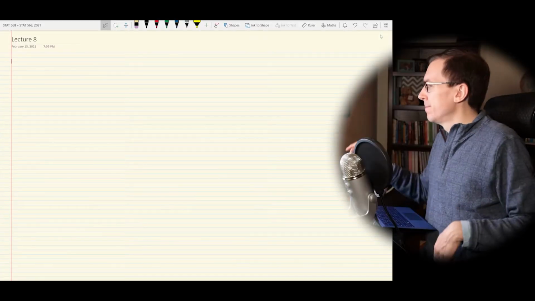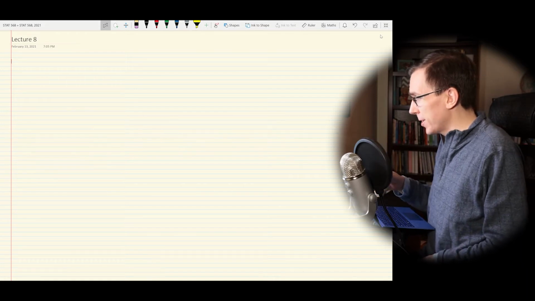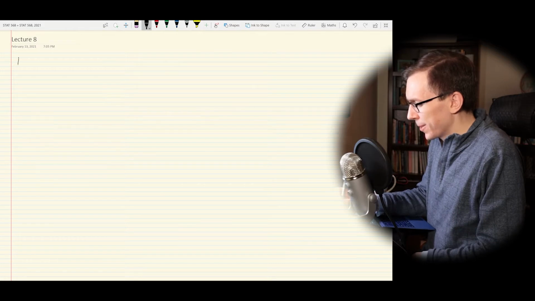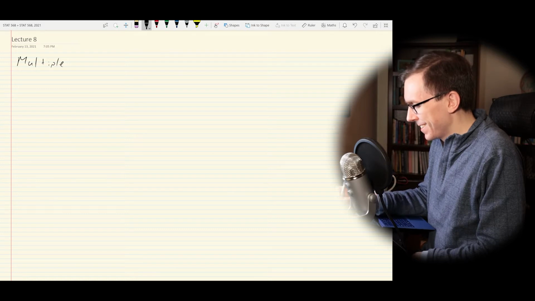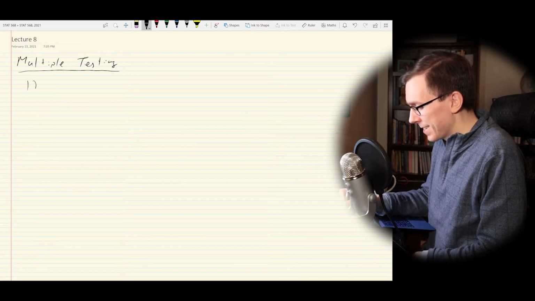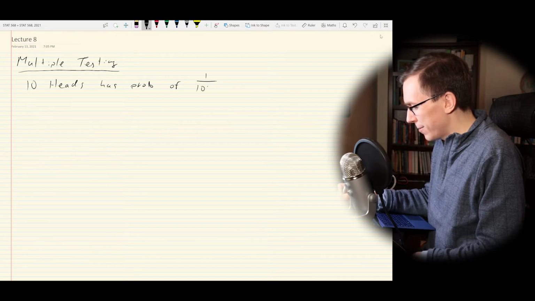All right, so the point is basically, just to reiterate in numbers what I was talking about, is the idea of flipping coins. 10 heads has a probability of 1 in 1024.